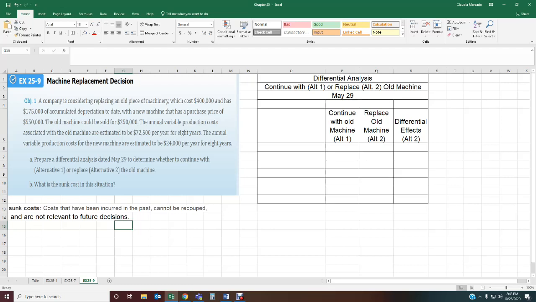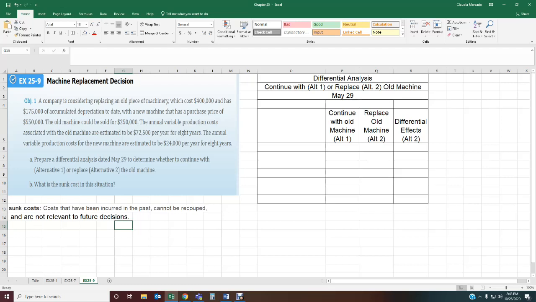So in this case, we have a company that is considering replacing an old piece of machinery. That piece of machinery originally cost $400,000 and has an accumulated depreciation year to date of $175,000. The new machine has a purchase price of $550,000.